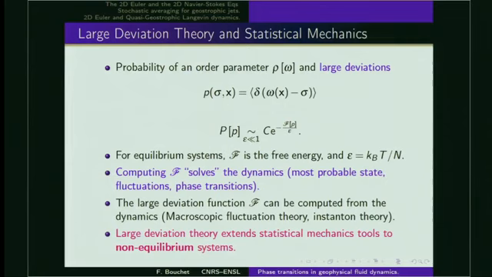So we look at the probability for an order parameter. Here the order parameter I will choose will be, for instance, the average velocity, my field will be the vorticity field, omega of x. And I will look at the probability that omega of x be equal to a value sigma at point x.